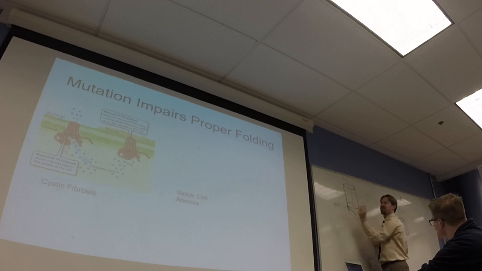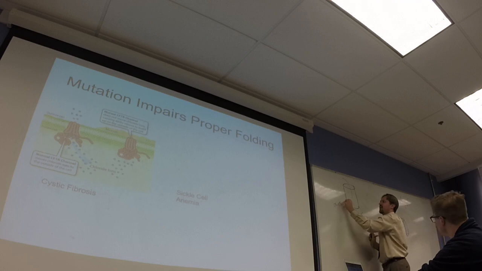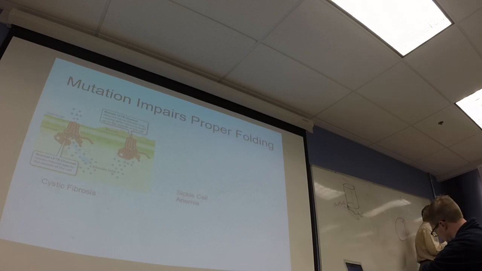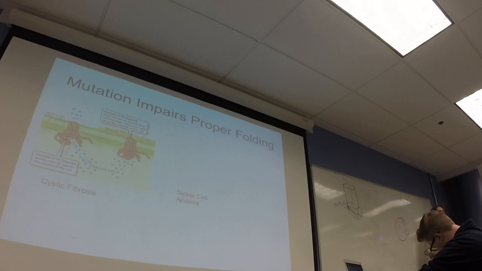Specifically, there's a phenylalanine, and specifically it is phenylalanine 508. That is, if we started with the first amino acid being 1, and then the second, and then third, the 508th amino acid in this protein is a phenylalanine that holds this thing open.